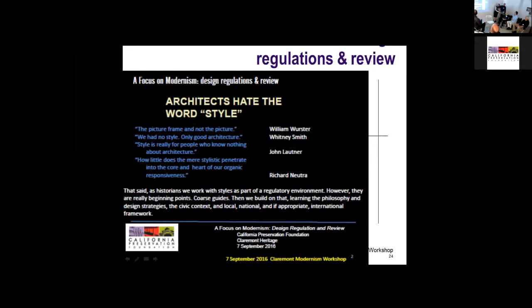We had no style, only good architecture. That's a very kind of defensive take on style. It's good architecture. And Lautner's biting, scathing comment, right? Style is really for people who know nothing about architecture. Meaning that's what you cling to when you don't understand the architecture. Cling to style is what Lautner is saying.